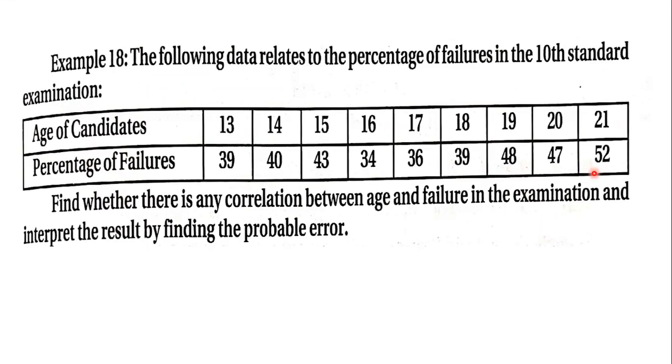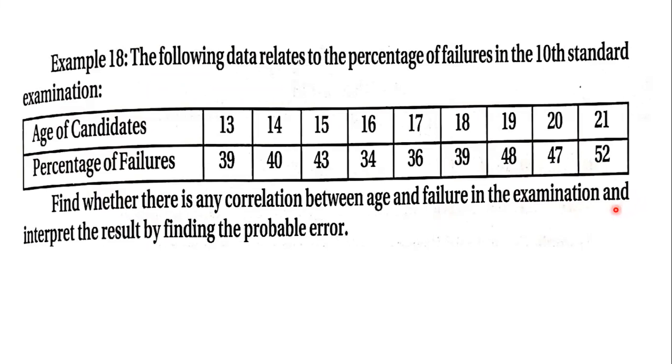Now what are they asking us to find? Find whether there is any correlation between age and failure in the examination and interpret the result by finding the probable error.